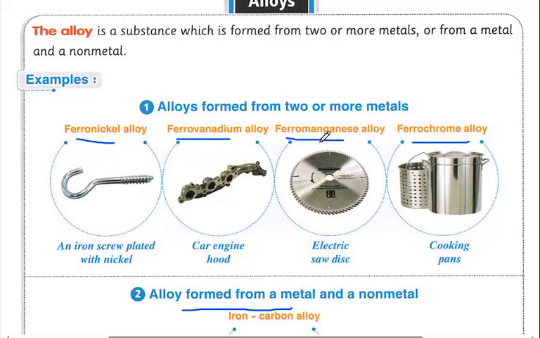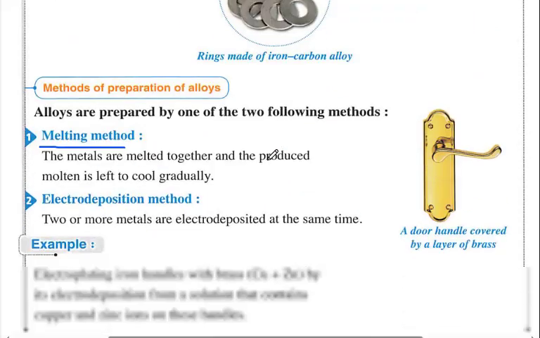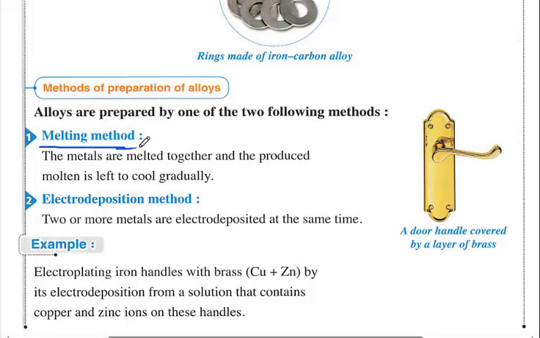Melting way means we heat both metals, the two metals or the three metals which compose the alloy, and then leave them together to cool gradually. When they are cooled gradually, they form the alloy by the melting method. This is the first way, the melting method, and the other way is the electrodeposition method.